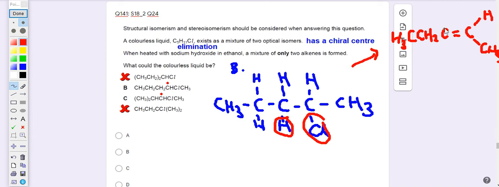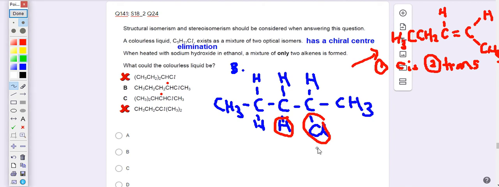Look at this product. Each carbon sharing the double bond, this carbon and this carbon, are bonded to two different groups of atoms. So there will be cis and trans isomers. Cis isomer is considered one alkene, trans isomer is considered the second alkene, because the question asks us to consider stereoisomerism also.